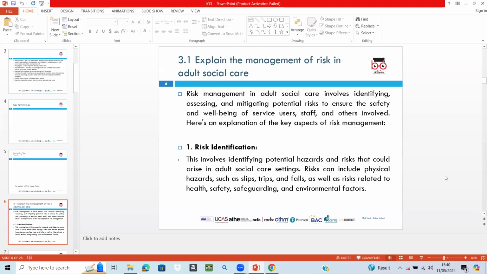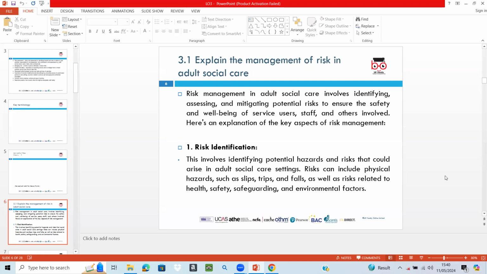It starts with risk identification. Risk identification is the foundation step in risk management, involving the recognition and examination of potential hazards and risks within the adult social care setting.